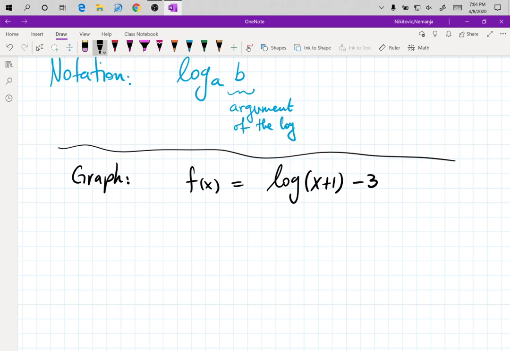So what now? Well, just like in all of the previous ones, this is down 3. And this is left 1.